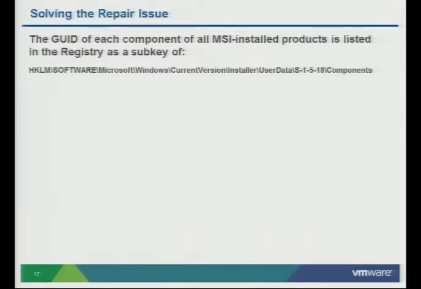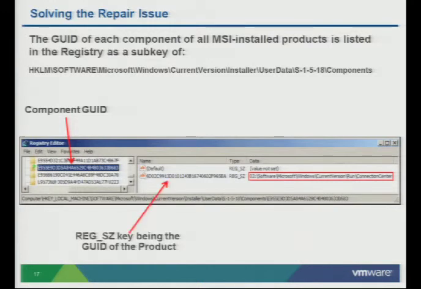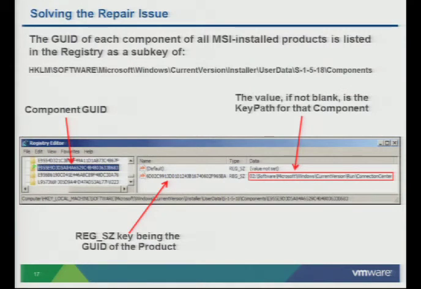So this is where you will have to search for your component and find the key path. Here I navigated to the component, and it specifies the product, but here the most important thing is this is the key path.